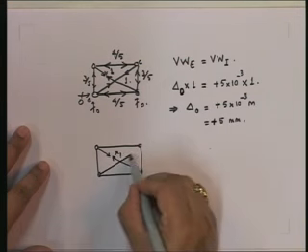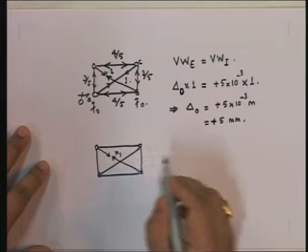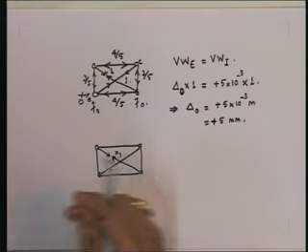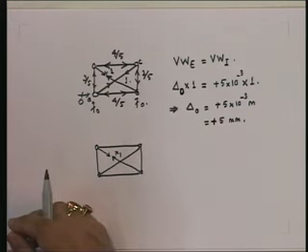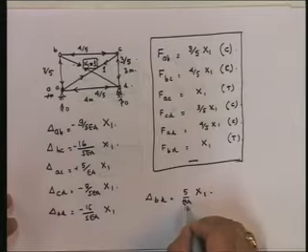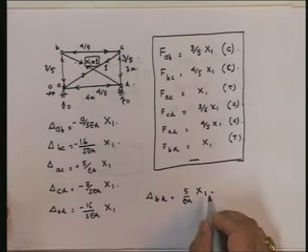Due to x1, I need to find out the displacement at this point. This I have already done last time. If you remember, I had already done it, and that delta x turned out to be 5 upon EA into x1.